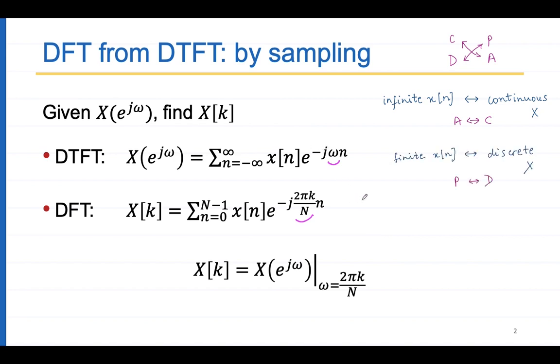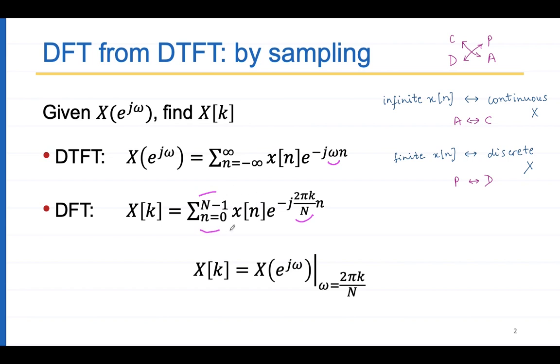Now let's look at the nature of this DFT transform. Here we see my x[n] is finite. What does that mean? See the limits. n goes only from 0 to N-1. And it is assumed that at other values of n, x[n] is periodically repeating. Since it is a periodic signal, we need not worry about that part.